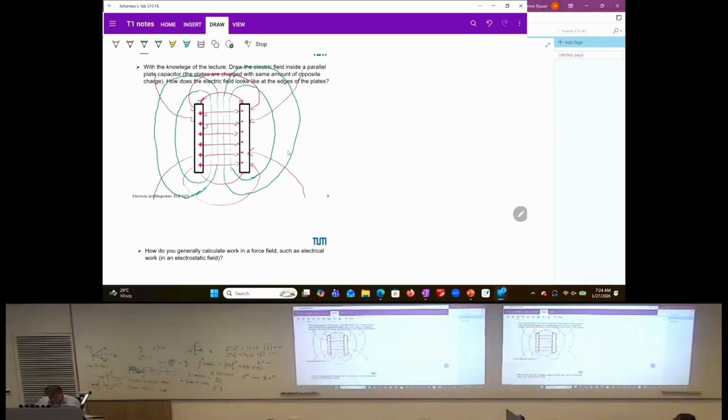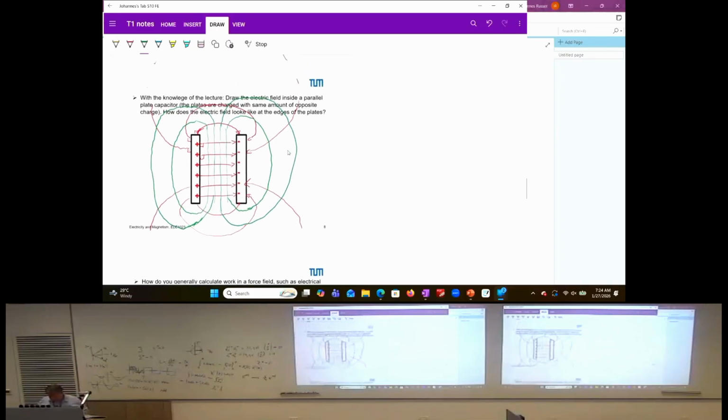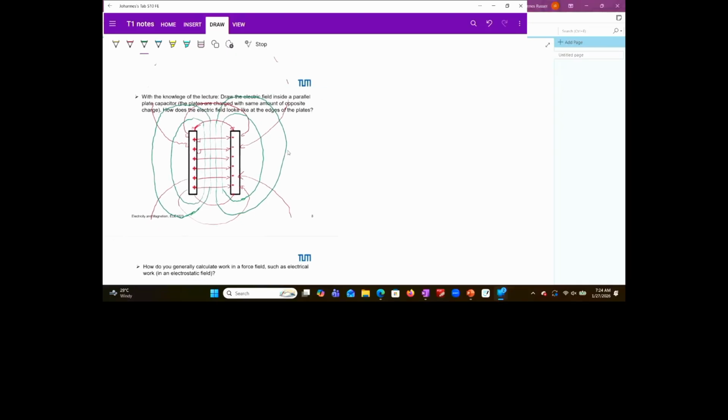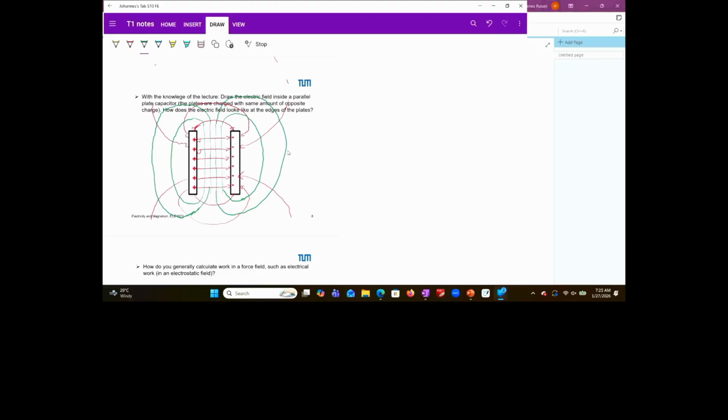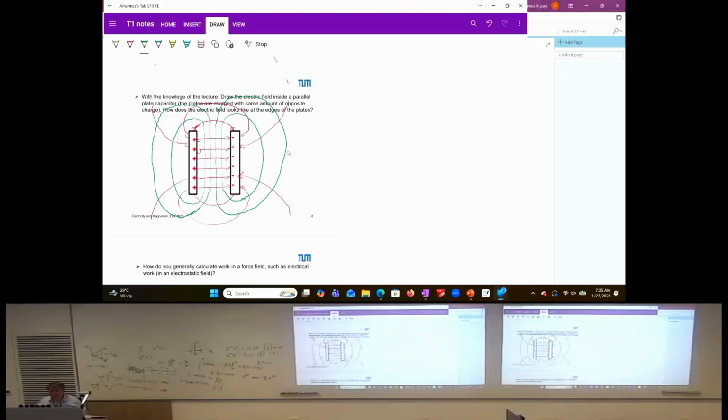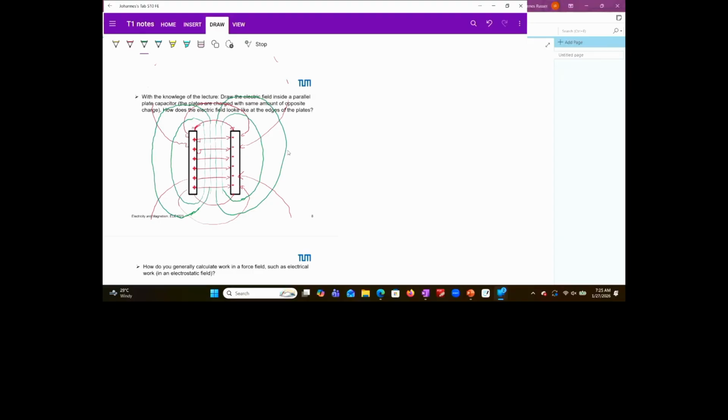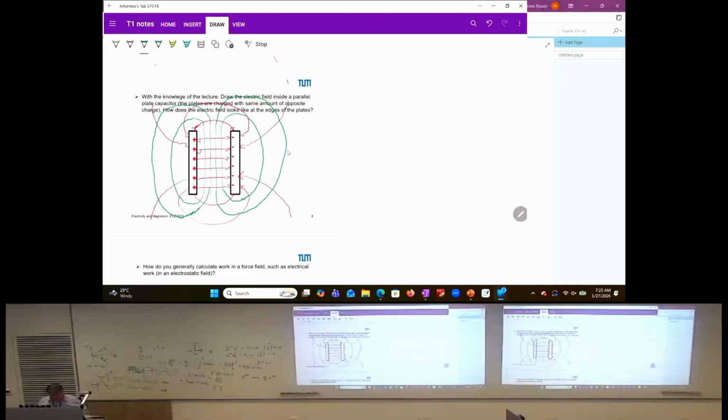What you see also, of course, is that the top and bottom should be more symmetric. These are right and left symmetric, but as the field is getting very weak outside the parallel plate capacitor, the spacing of the equipotential lines outside the capacitor becomes much larger, and inside the spacing is close and also uniform.